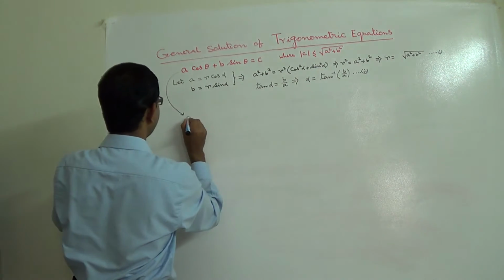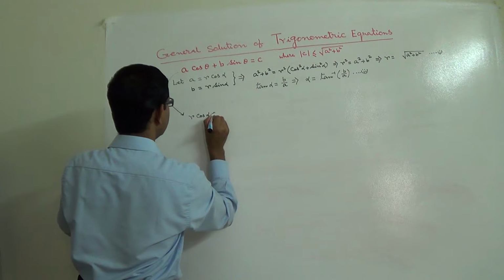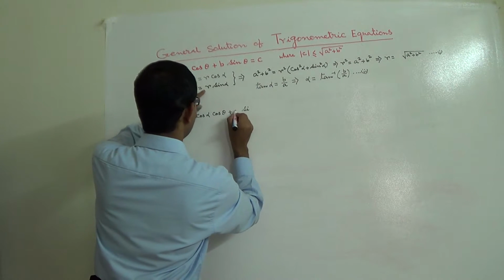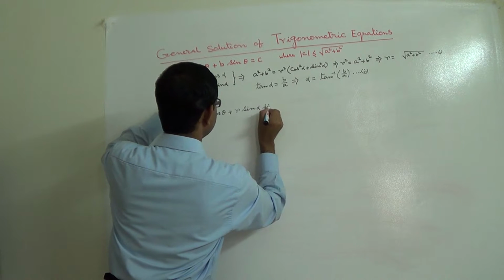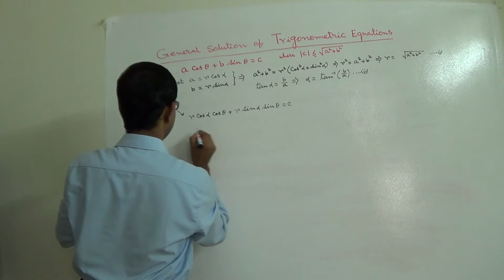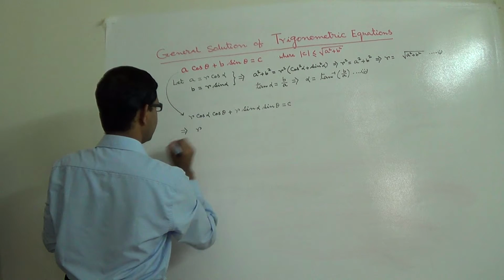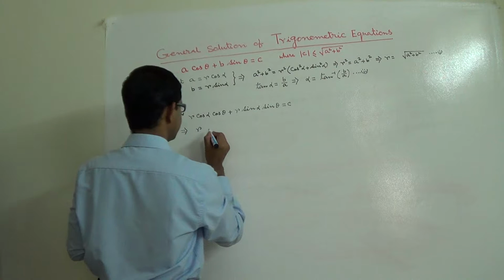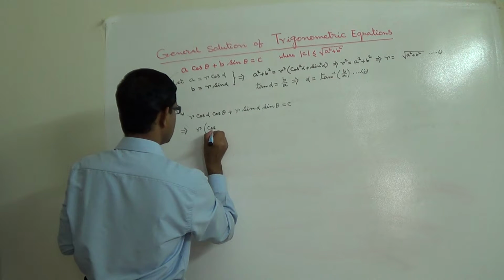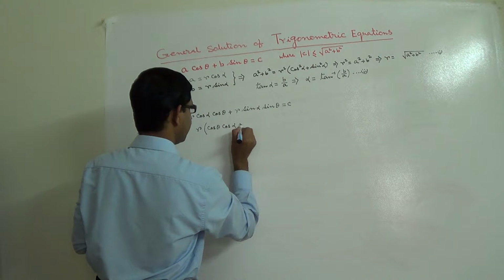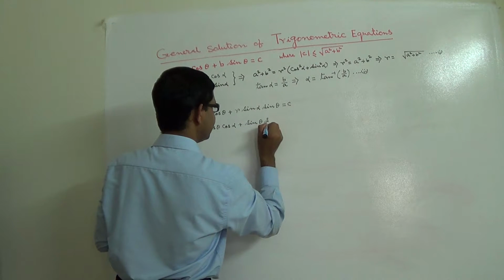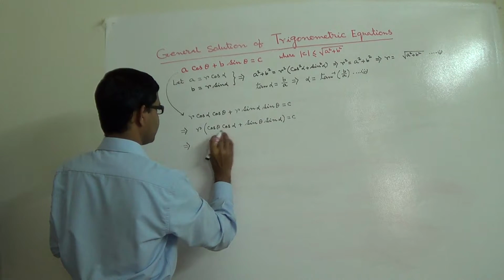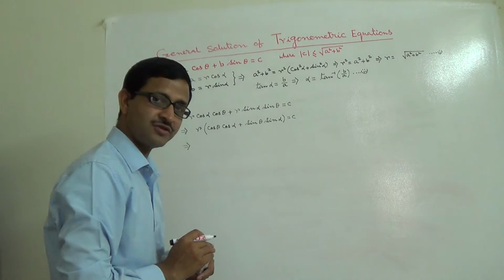We will get a is r cos alpha, so r cos alpha into cos theta plus b, which is r sin alpha, into sin theta is equal to C. This implies, if we take R common, cos theta cos alpha plus sin theta sin alpha is equal to C by R. Cos theta cos alpha plus sin theta sin alpha is cos of theta minus alpha.